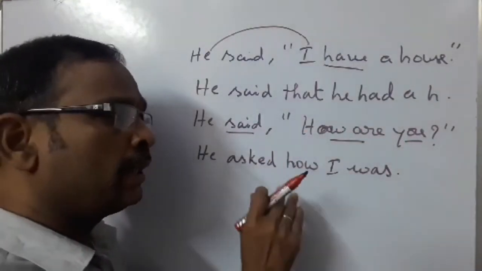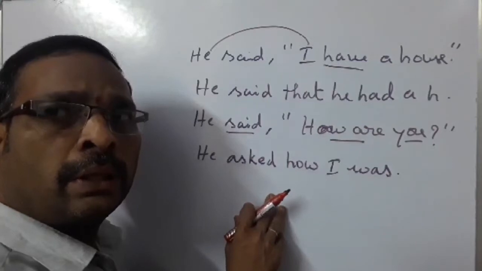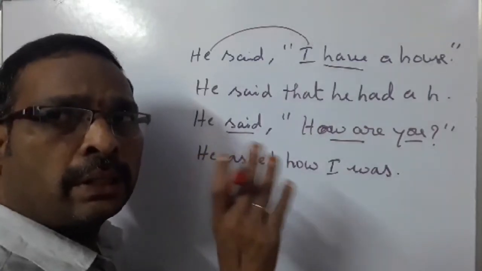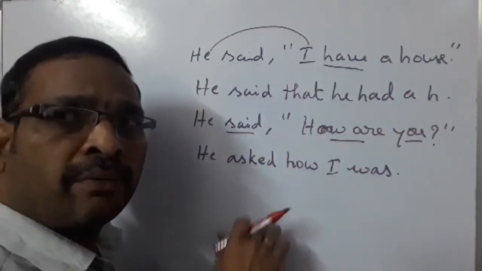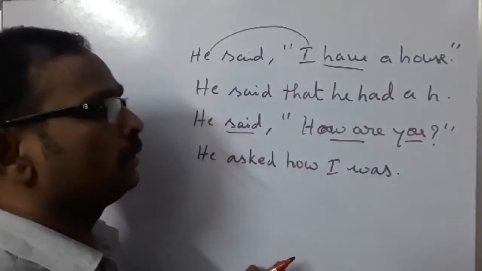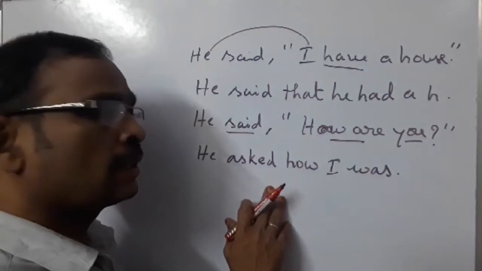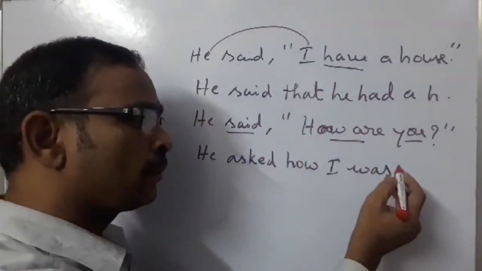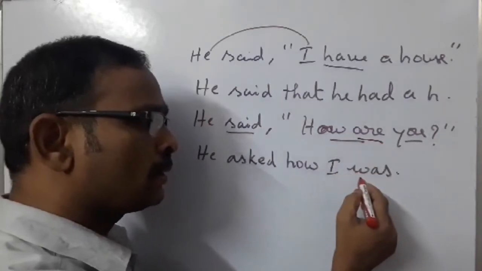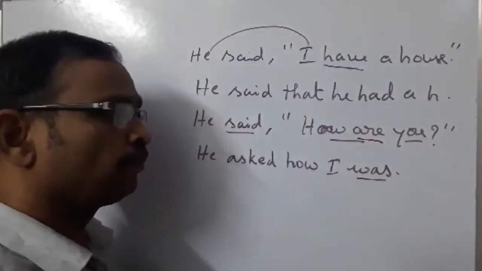So indirect speech has only one format, that is declarative. Every kind of sentence must be converted into declarative only. So he asked how I was. Full stop. Are is present tense, was is past tense.